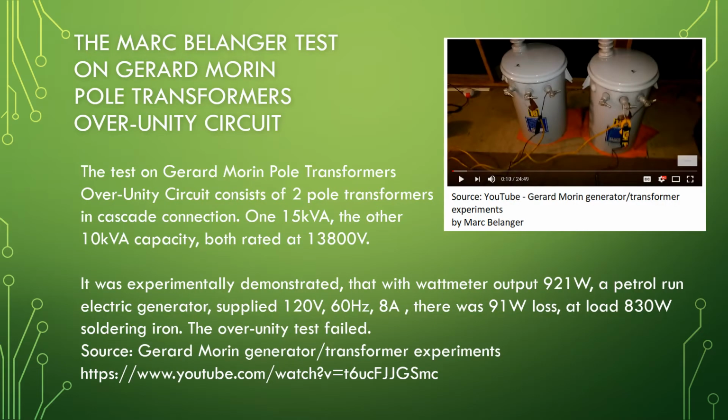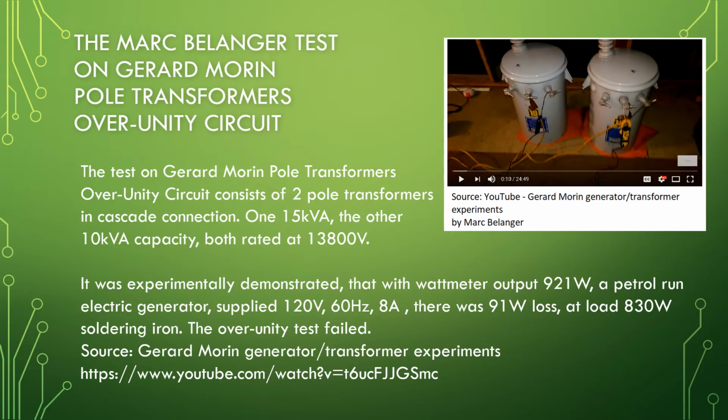The test on Gerard Morin's pole transformers over-unity circuit consists of two pole transformers in cascade connection, one 15 kVA, the other 10 kVA capacity, both rated at 13,800 volts.